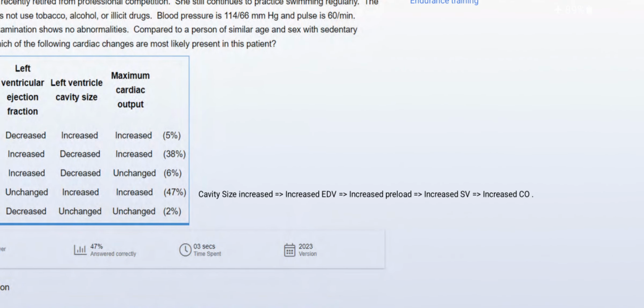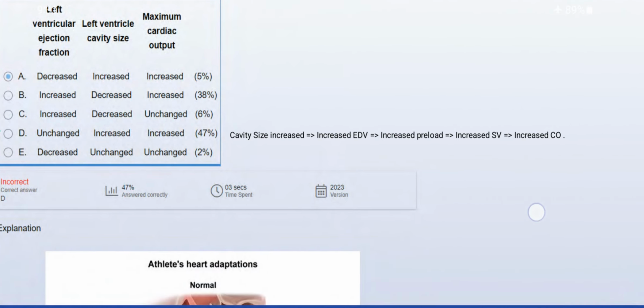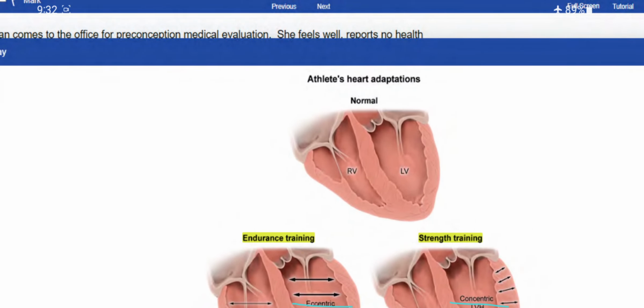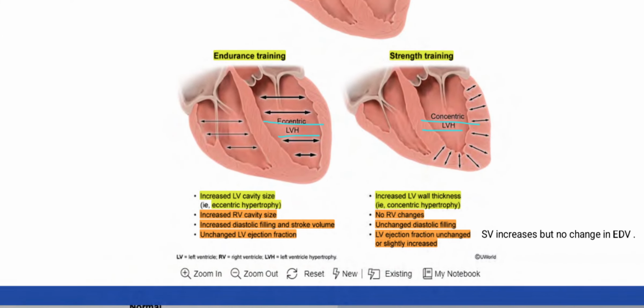So why does this happen? If we look at the heart of a normal person, it is just like that, and then the heart of one who has endurance training versus one who is a heavy load taker, that is strength training, right? What is the difference between these two?